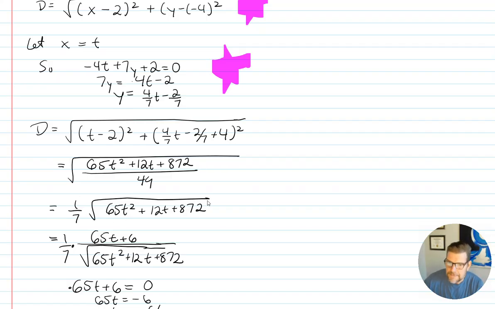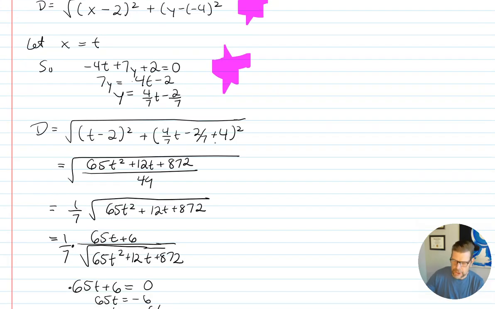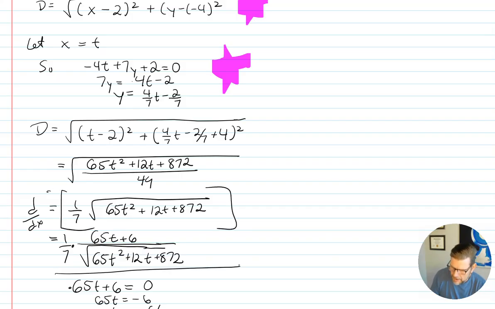And this here is actually the derivative, and I should point that out. I took the derivative, so d/dt of this whole thing is equal to 1/7 times (65t plus 6) divided by that square root, which is fairly simple, since you're just going to use the quotient rule here.